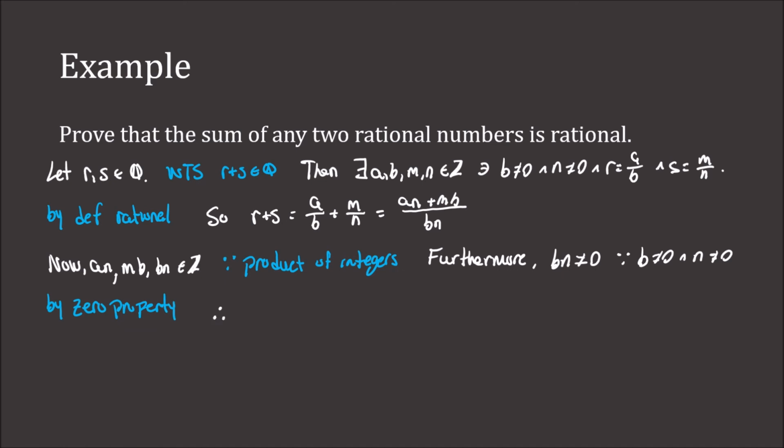Therefore, R plus S is rational because we just wrote it as an integer over a non-zero integer. This is what we wanted to prove. And so the proof is complete.